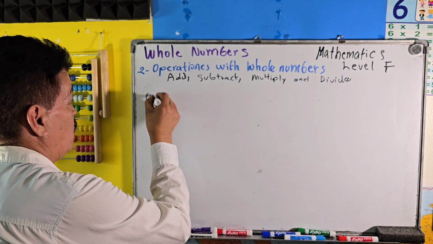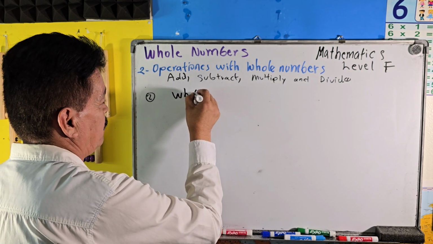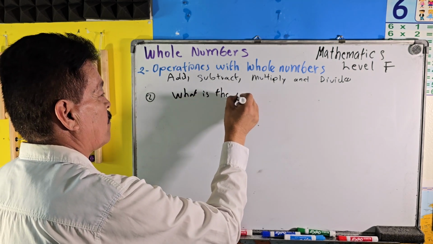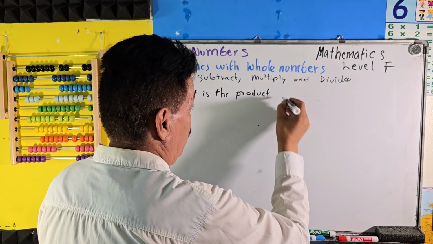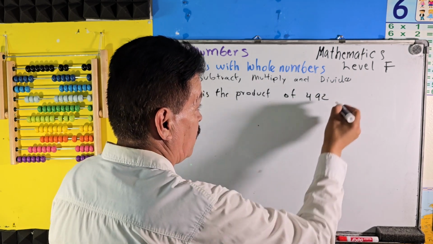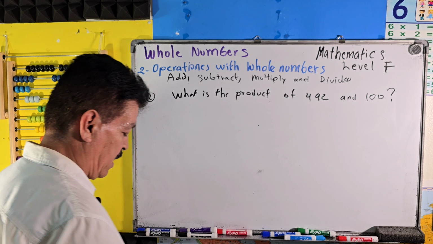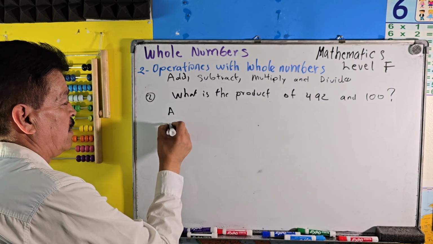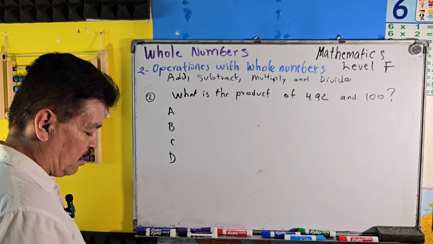So, question number 2. What is the product of 492 and 100? So that's the question. We have, of course, 4 possible answers.